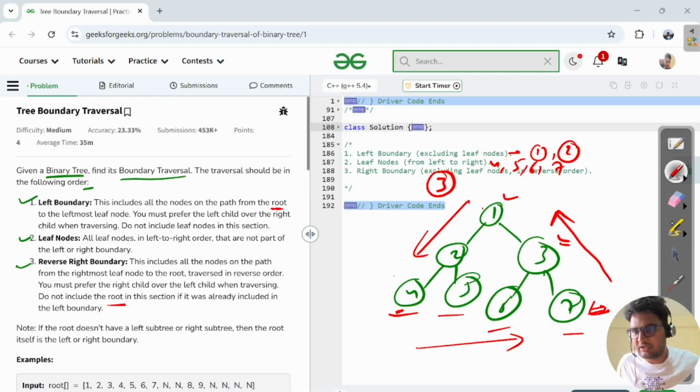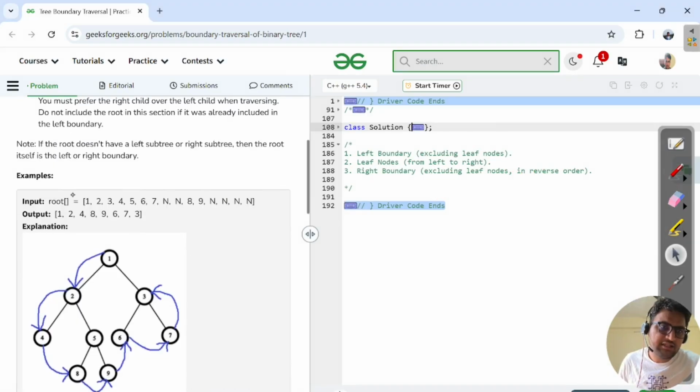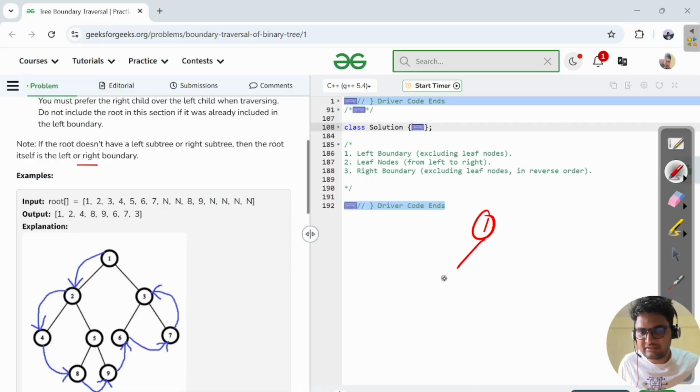Let's take one more example, and here one more note is given. If the root doesn't have a left subtree or right subtree, then the root itself is the left or right boundary, right? So for example, in this case, this is 1, this is 2, this is 3, and this is 4. Here right is not there, correct?